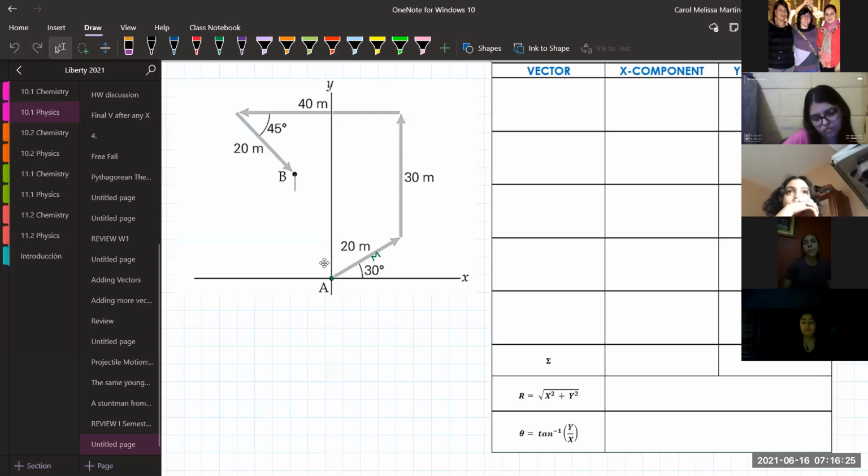The second vector, I will call it N. O, and P. That will be my first step to name each vector.